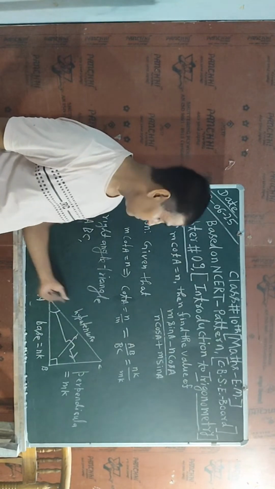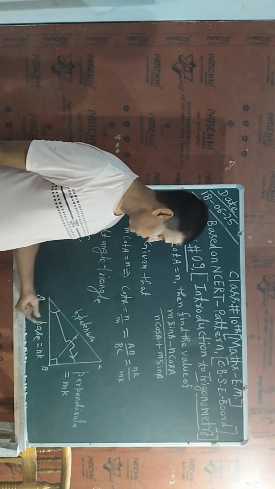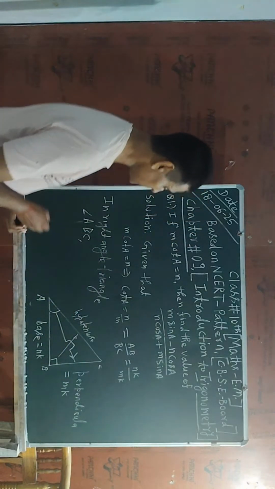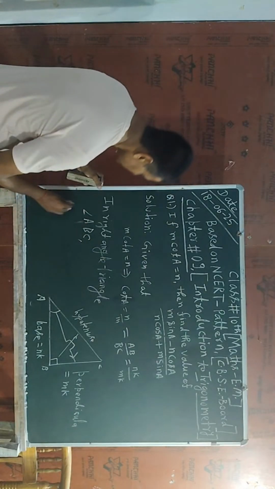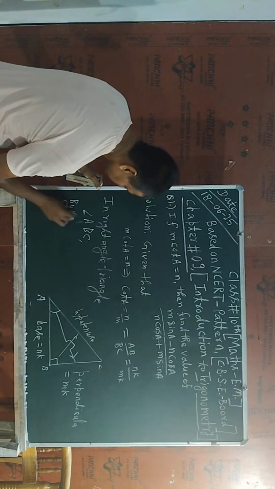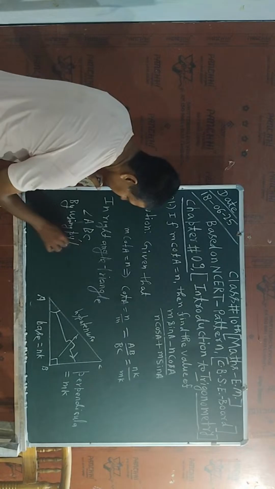That hypotenuse value I will get with the help of the Pythagoras theorem. Pythagoras theorem says hypotenuse square is equal to base square plus perpendicular square. So I will use the Pythagoras theorem in the right angle triangle ABC.